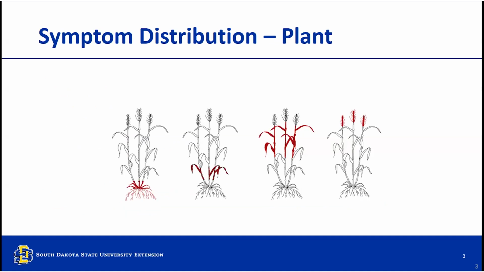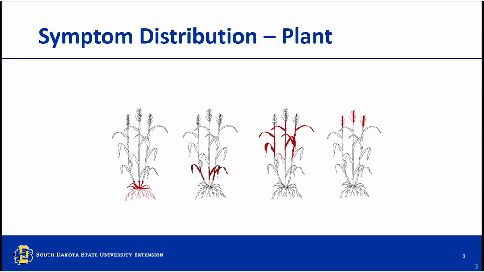When we take a look at the plants, here on the screen, I've got some wheat plants pictured. Where we look for disease gives us a few ideas of what type of disease we're working with. So if we look at this wheat plant way to the left, and we see the red, we're seeing infection on roots and the lower subcrown internode. Where do we think the disease is coming from? Do we think it's blowing in?